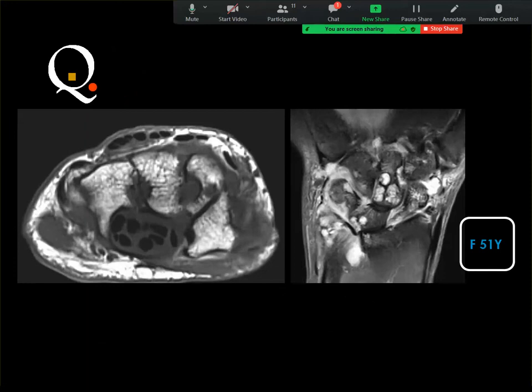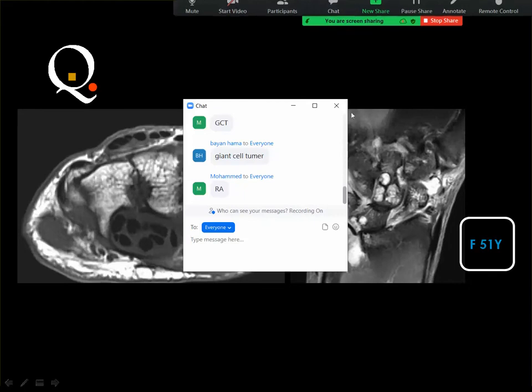And this is a case of a female patient, 51 years old, MRI of the wrist, and this is axial, and this is a STIR image. Yes, good answer.